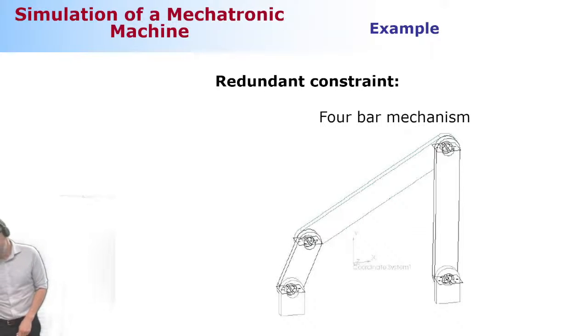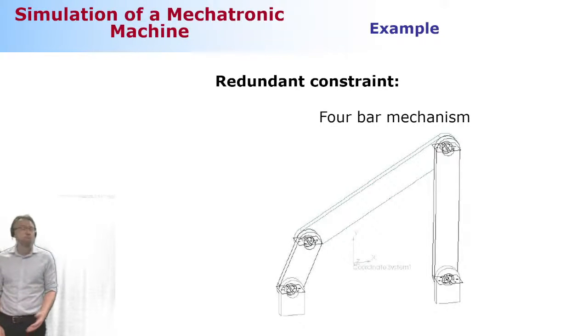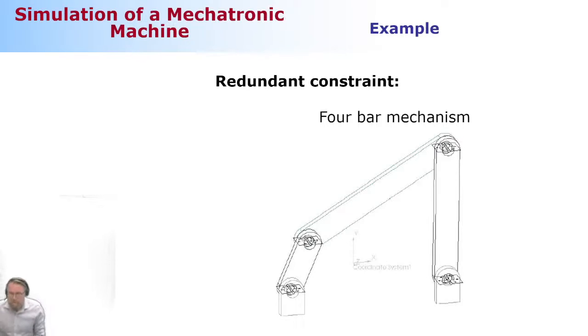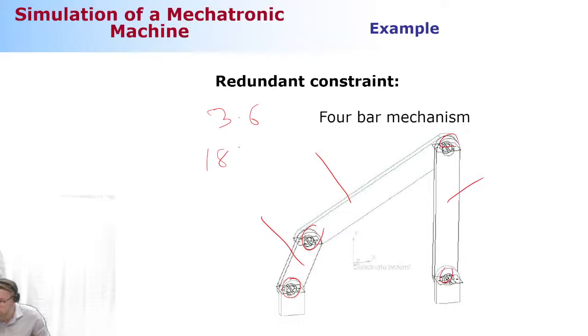Yeah, this is another good example of redundant constraint, the 4-bar mechanism. Good example. Let me just compute this. Moving bodies, 3-dimensional space. I have a total of 3 moving bodies, 6 generalized coordinates for each of them, so it's going to be 18 generalized coordinates. And then I have here 1, 2, 3, 4 revolute joints, so it's 5 multiplied by 4, which is 20.